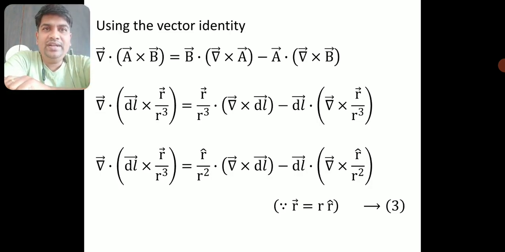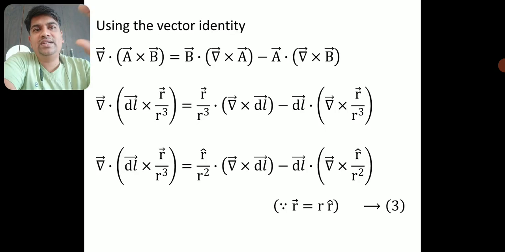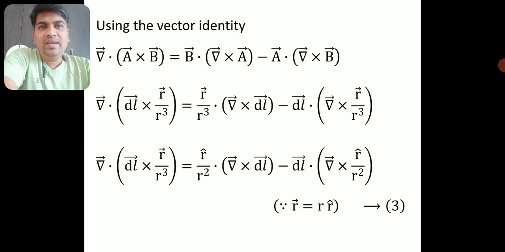Now we have a vector identity, which is the divergence of A cross B. Students, you all know this vector identity; in mathematics you have come across it. The divergence of A cross B can be written as B dot curl of A minus A dot curl of B. So we are taking this identity and applying it to equation number 2.